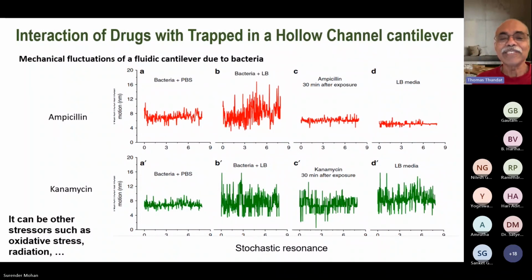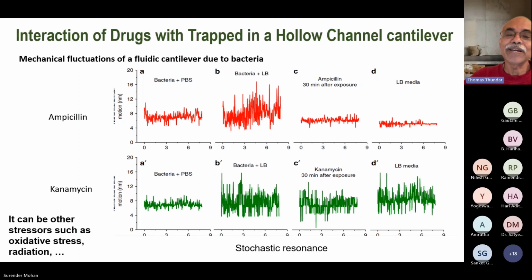The bottom part, shown in green, was done with a different drug, kanamycin. The top one is ampicillin. Again, when you give the PBS buffer solution, the bacteria have some similar noise as earlier. But when you give the sugar solution in figure B, you can see that the noise increases.